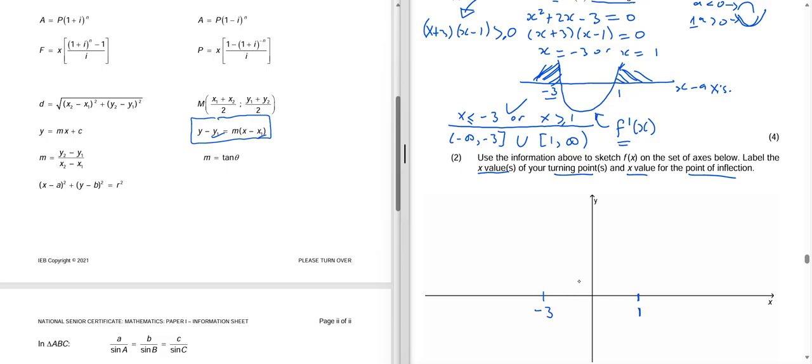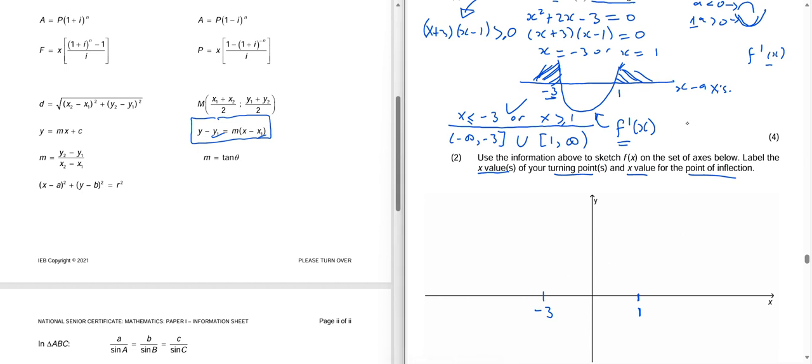And then now, what is our point? Our point is that minus 3 and 1 are our critical values. So those values for the derivative f prime of x, theoretically they should be our turning points. So that is the theory that we need to remember. Those will be our turning points.